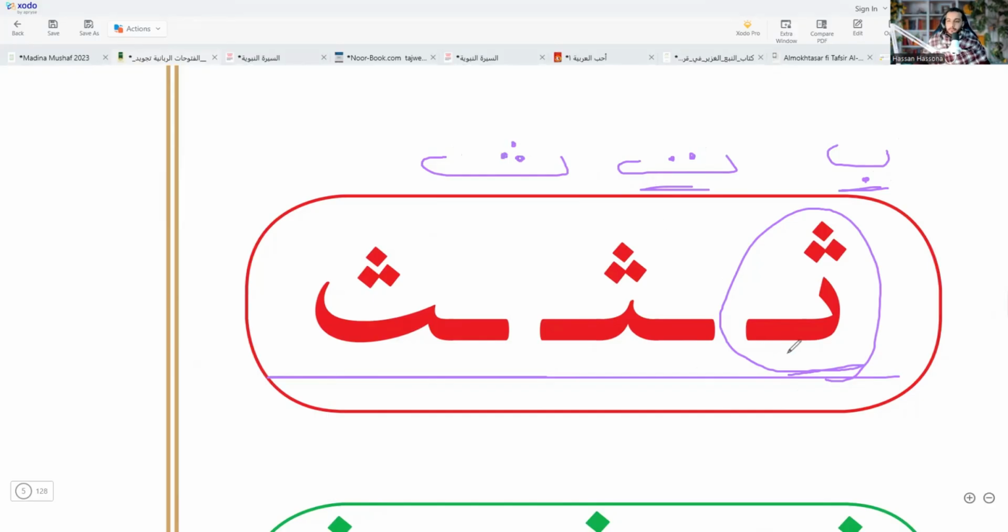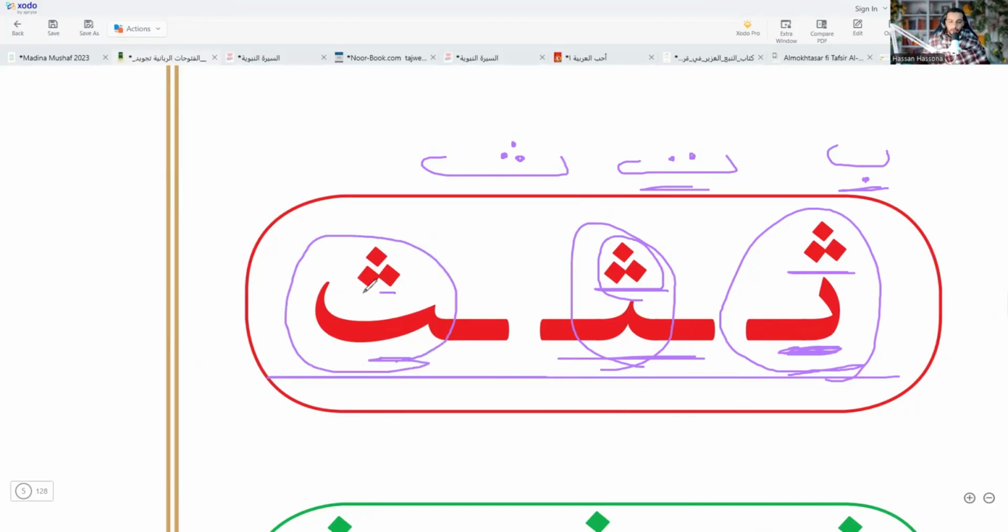Now it almost looks like ba, but the only difference is the three dots. It's the same. Ba and ta come like that, but the only difference is the three dots. Also, ba and ta come in that form, but the only difference is the three dots.